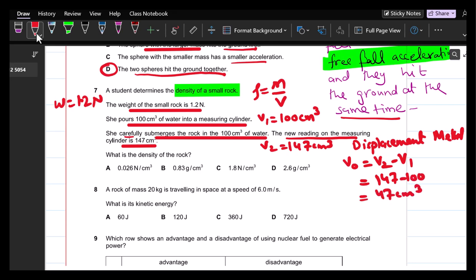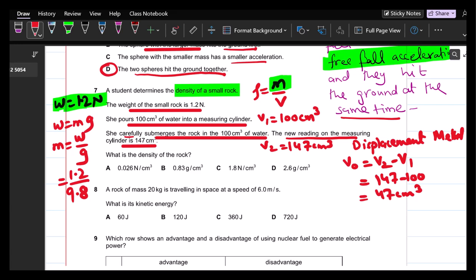So we have to find the mass here. What will be the mass? Weight is given. You know W is equal to mg. M is equal to W by g. So 1.2 divided by g, which is constant, 9.8. If you calculate this, you will get mass.